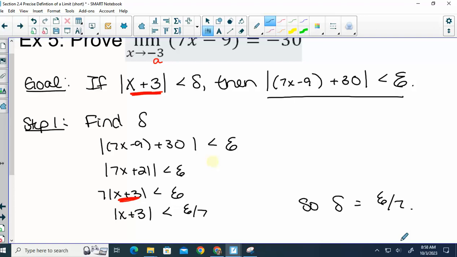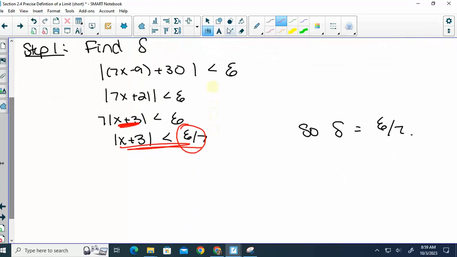Does everybody understand how we got that? And I know when I have my delta because it looks just like this statement. So delta is what's in that place.